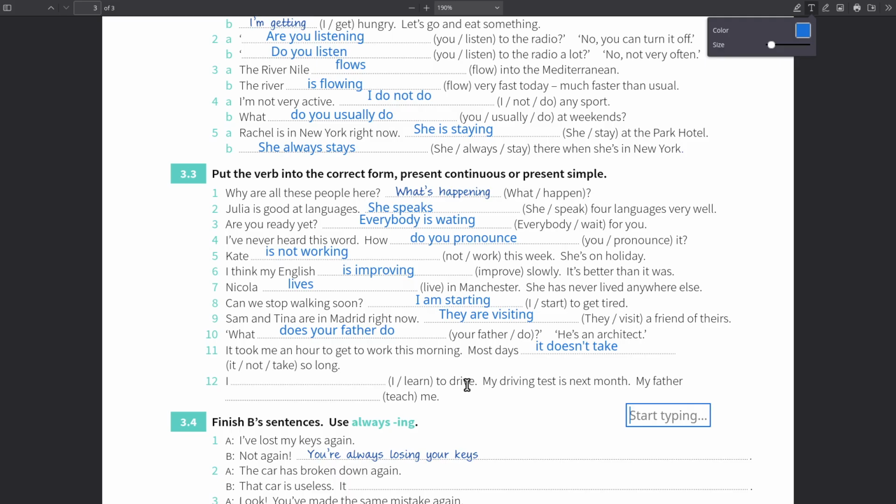My father is teaching me, because I'm getting prepared for my driving test. So in this case, I am learning. We are talking about the present continuous. My father is teaching me.